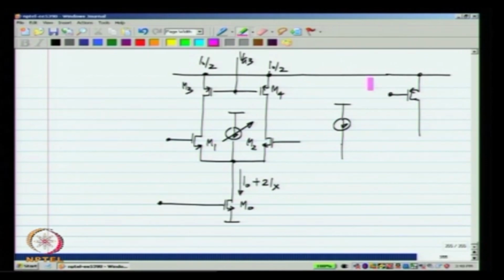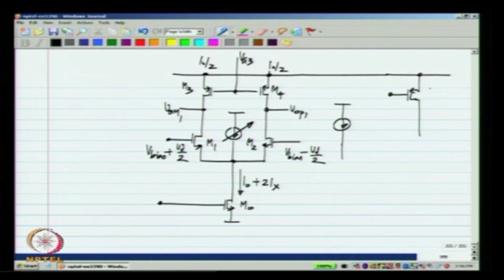Now, that is the total current should respond to VOP1 plus VOM1 by 2. Okay. In other words, VOP1 plus VOM1. Let me assume that this is V bias plus Vd by 2 and that is V bias minus Vd by 2. Okay.